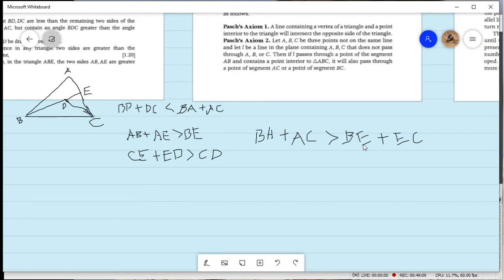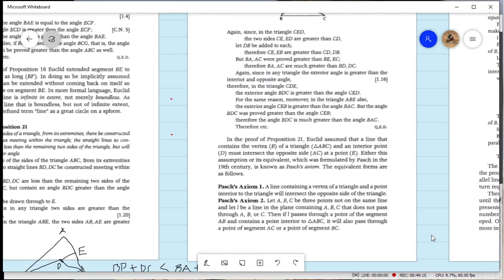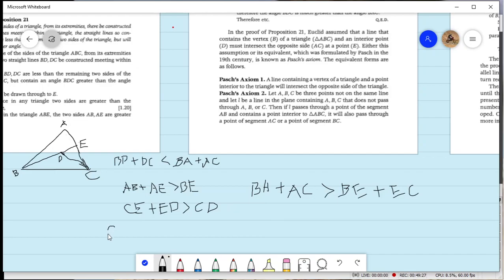If you add DB here, CE plus ED plus DB would be greater than CD plus DB.